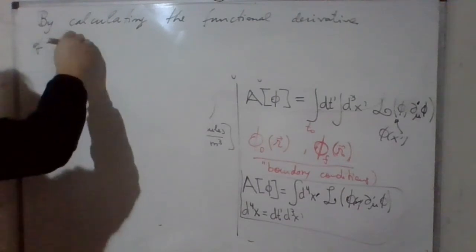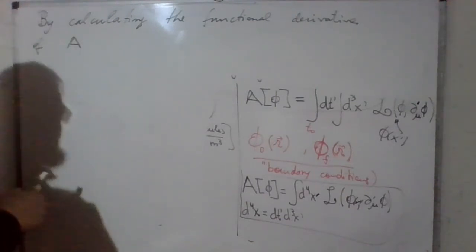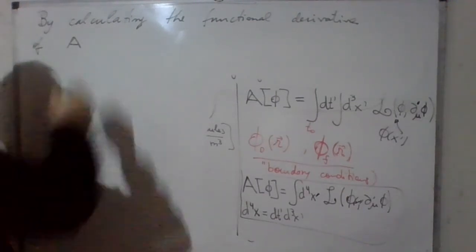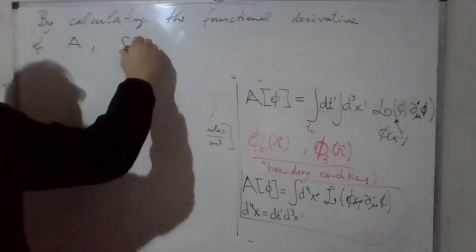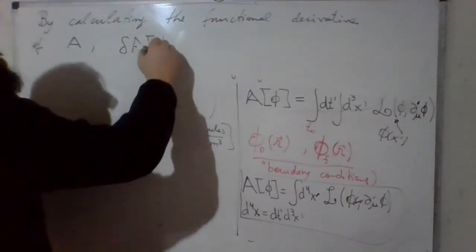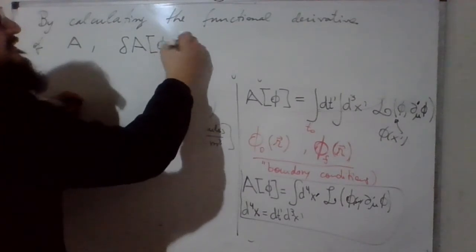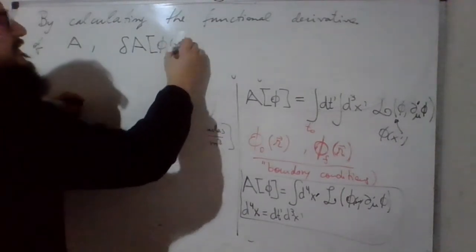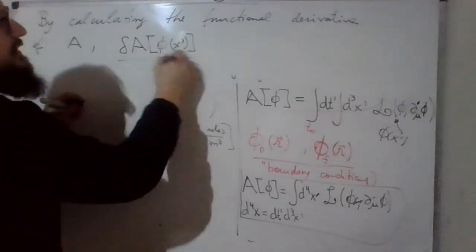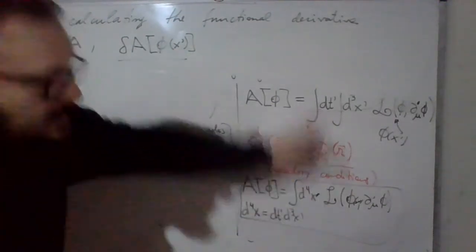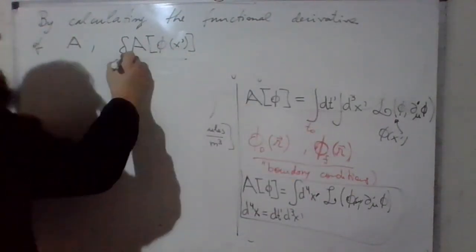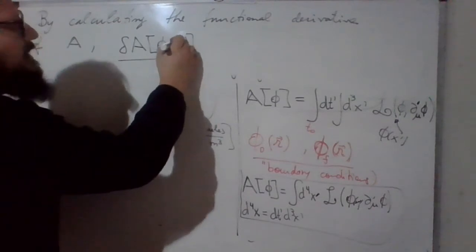of A, of the action, which means delta of A depending on the field phi at x prime, which is integrated. X prime comprises the space-time coordinates.